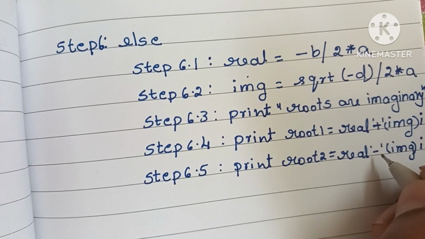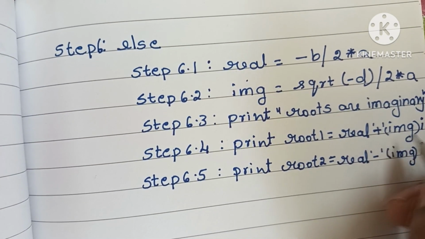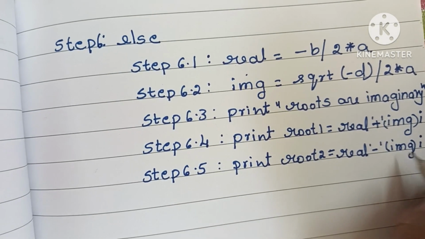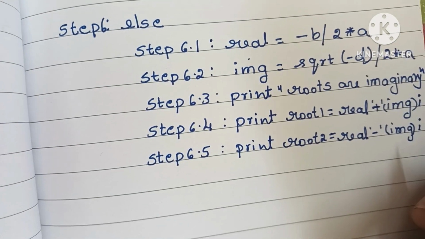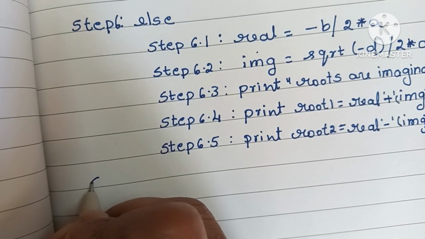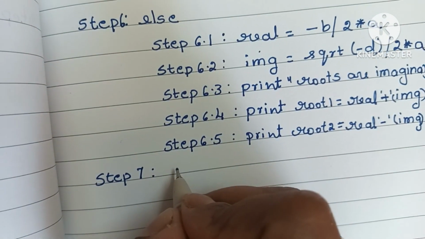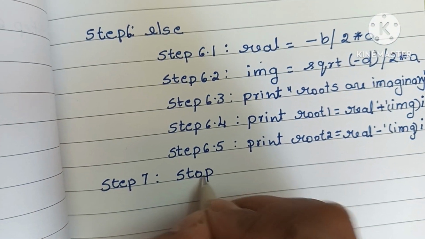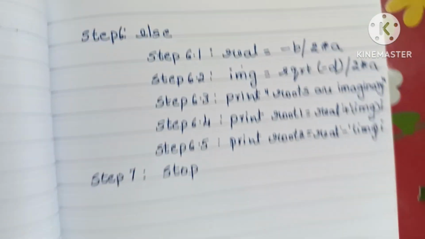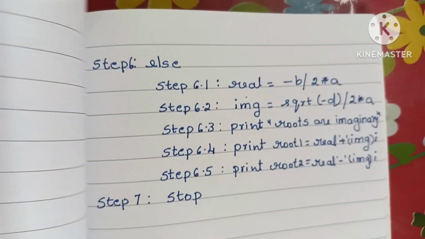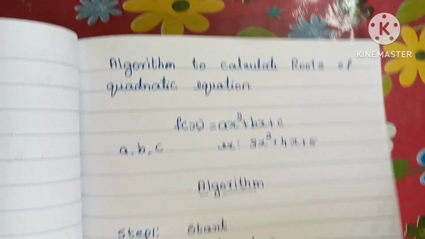Here plus, here minus, here real plus imaginary value I, here real minus imaginary value I. In step number 7 we have to stop the algorithm using stop statement. So guys, this is the algorithm to find the roots of a quadratic equation.